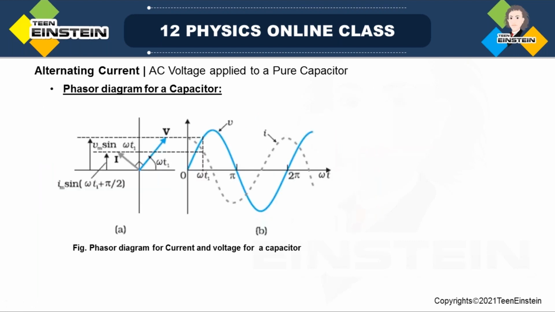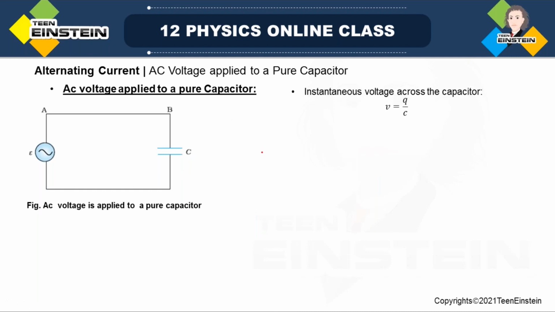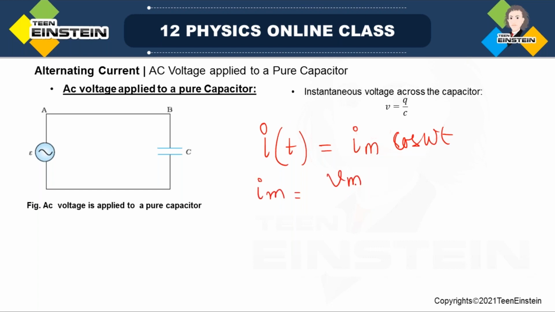Now see, what we have got is that the current in the purely capacitive circuit is varying as cos of omega t, where Im is Vm by 1 by omega C. All right.